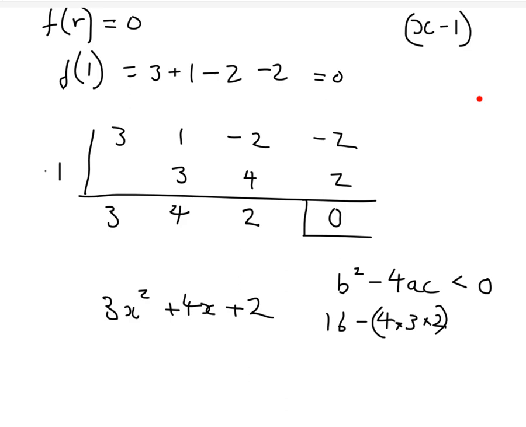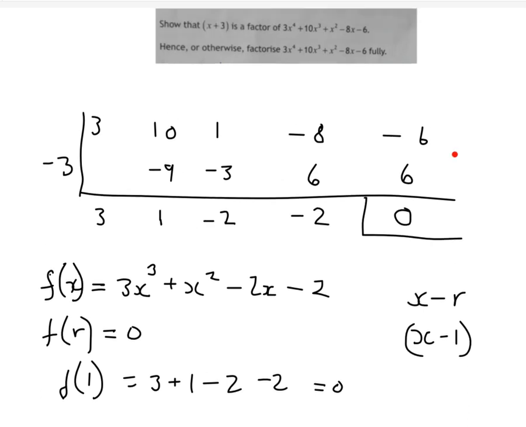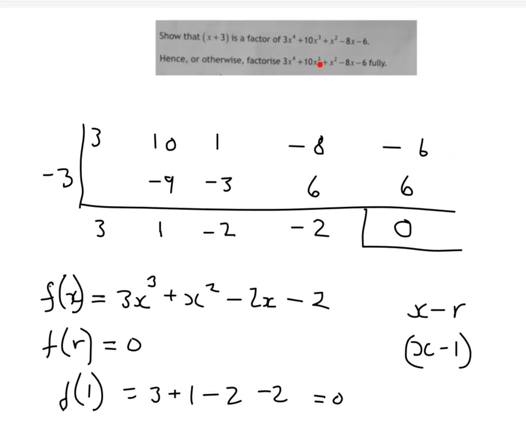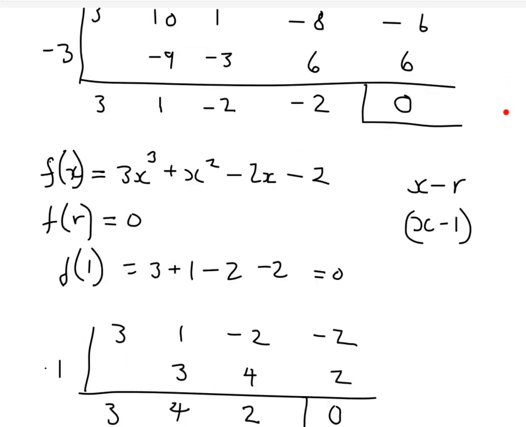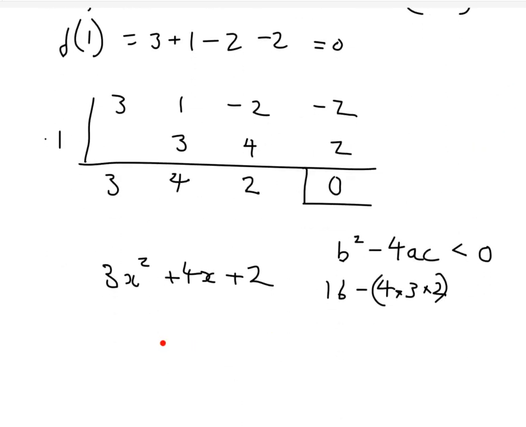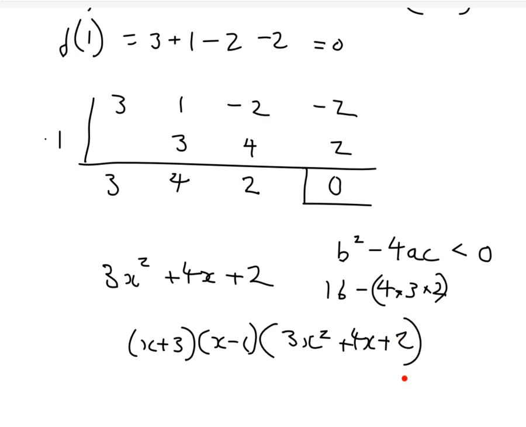So the final answer to the question, fully factorize 3x to the 4 plus 10x cubed plus x squared minus 8x minus 6, is going to be x plus 3, x minus 1, and finally 3x squared plus 4x plus 2. There's the final answer.